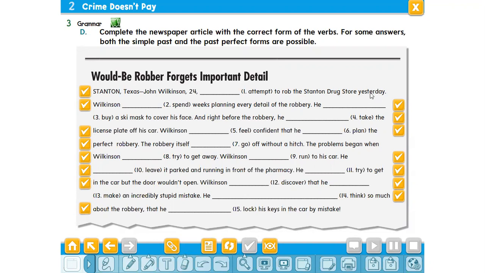Yesterday, so we will use past simple. What is the past simple of attempt? Attempted, a regular verb. Wilkinson spent weeks planning every detail of the robbery. Spent here will be had spent.